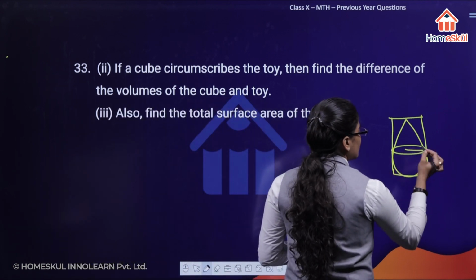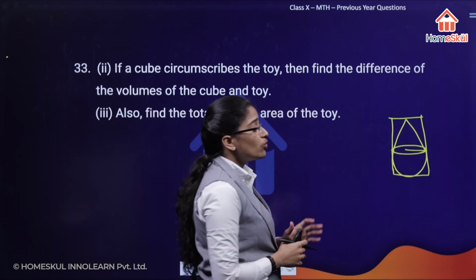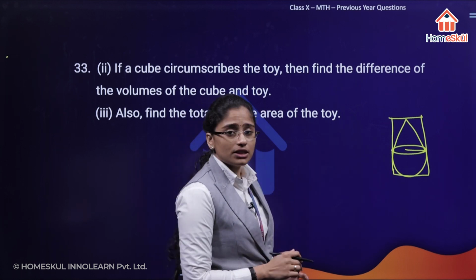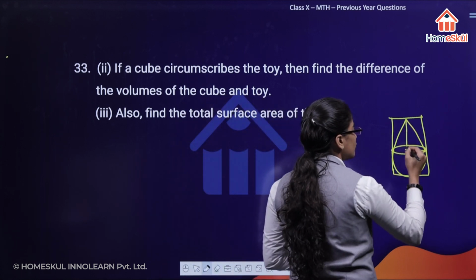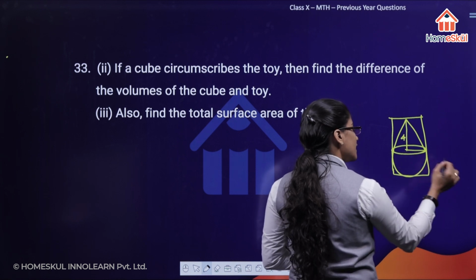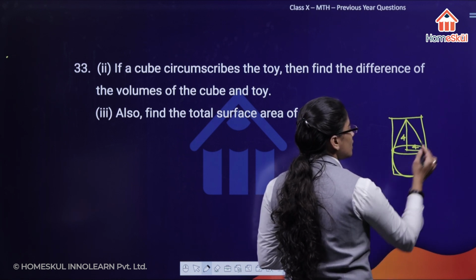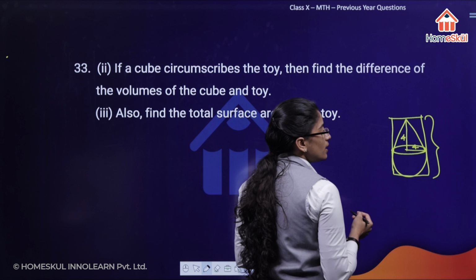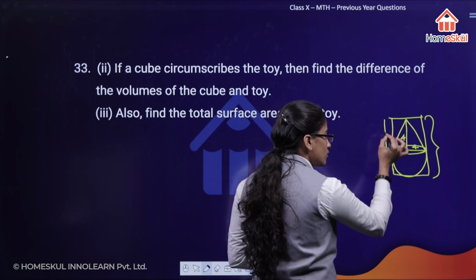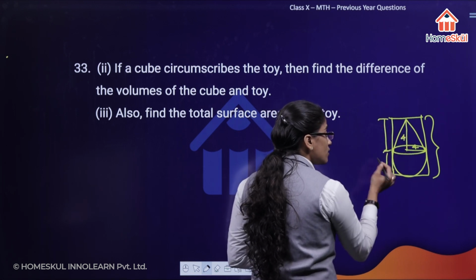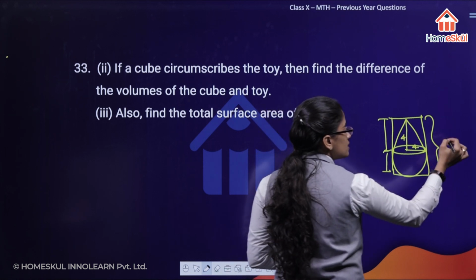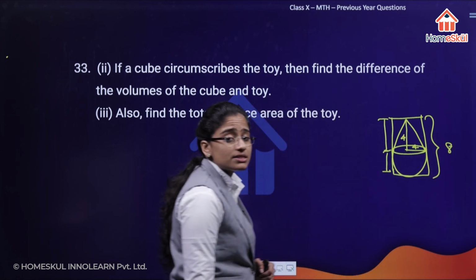That means we need to find the difference in the volume of the cube and that of the toy. The height of the cone is 4 and the radius of the hemisphere is 4. What about the side of the cube? The side of the cube is the height of the cone plus the radius of the hemisphere, that is 4 plus 4, which is 8. 8 will be the side of the cube.